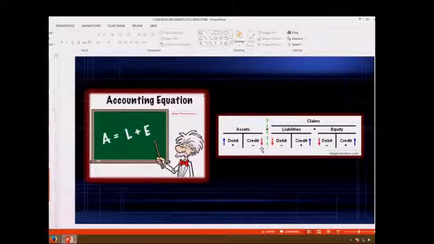But for instance, in your packet, the very first page, I have a list of T accounts for you. On the assets, every one of those, you can put a plus on the left and a minus on the right because assets are all the same. It doesn't matter what kind of asset it is. It's going to increase on the left and decrease on the right, okay?